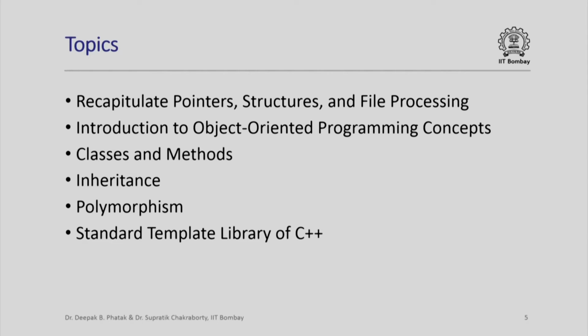We will then discuss inheritance, polymorphism, and finally, the standard template library of C++. As mentioned earlier, each topic will use several illustrative problems to emphasize how exactly those concepts are implemented in writing programs for solving problems.